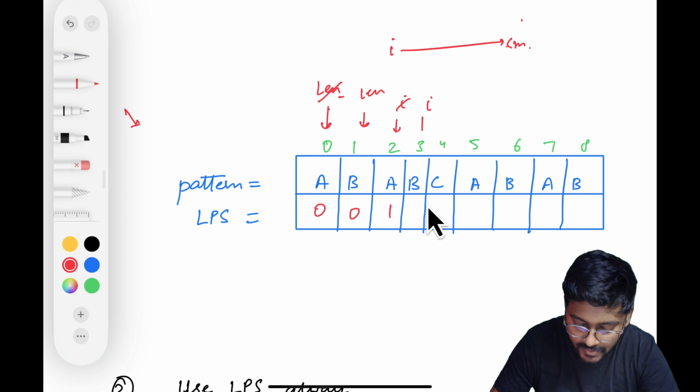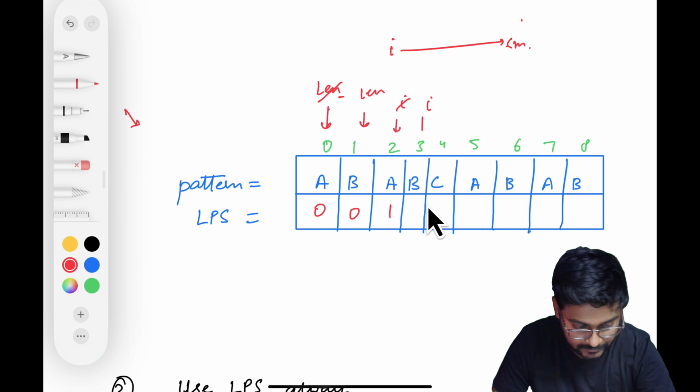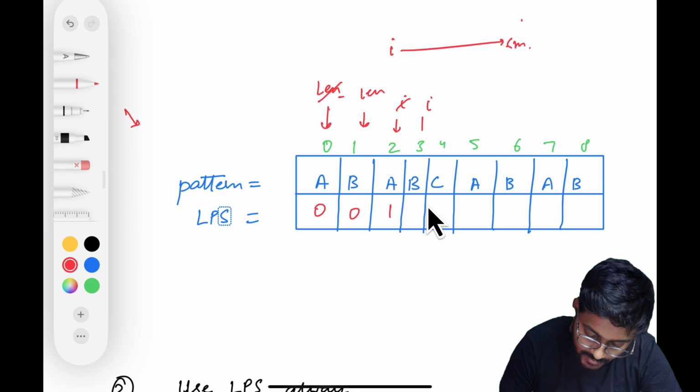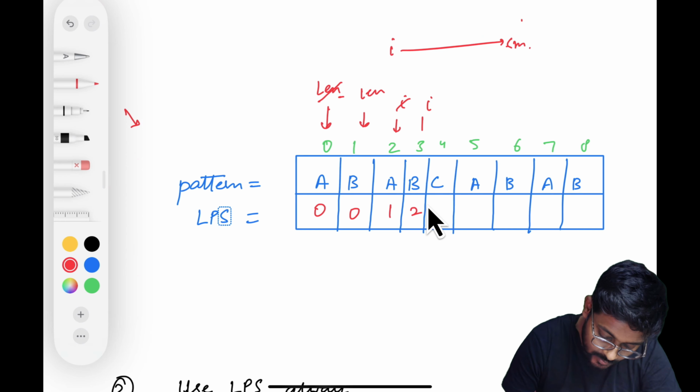Now we compare length with I. Both are the same, so LPS of I is length plus 1, which is 2. Now the length will be at this position and I will be at this one.